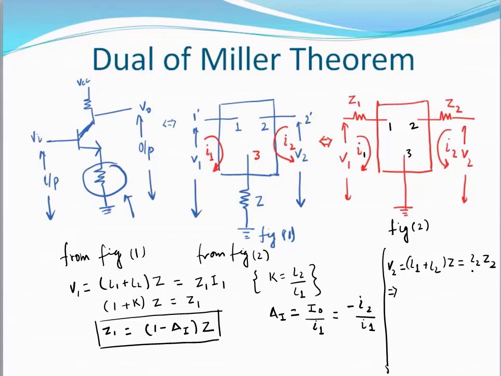We divide both sides by I1, so we get (1 plus K) Z equal to K Z2.